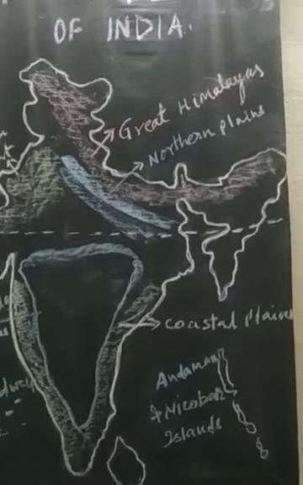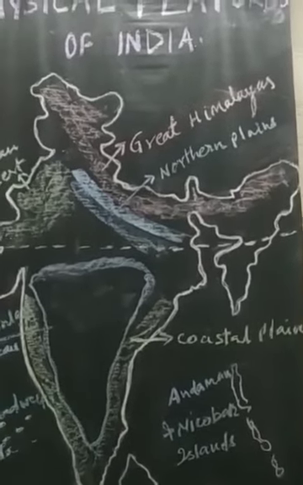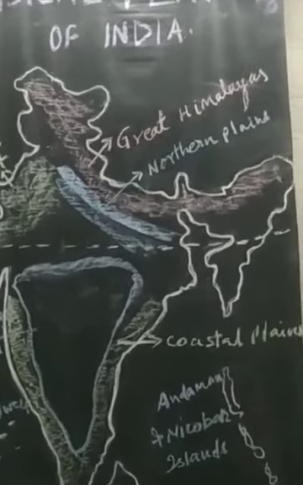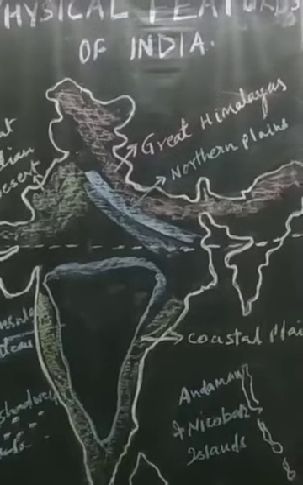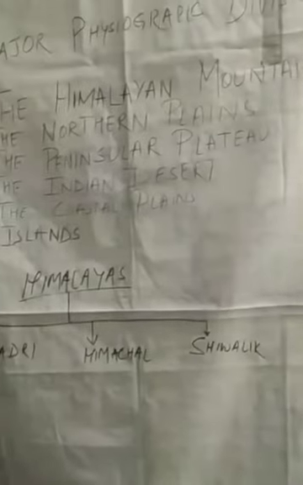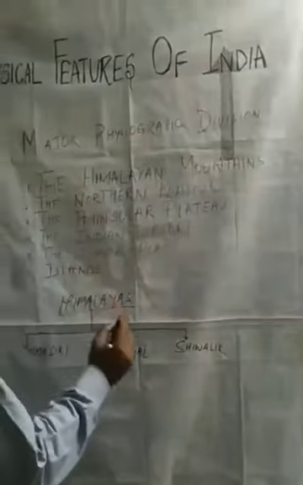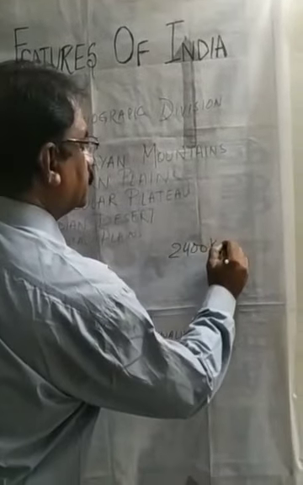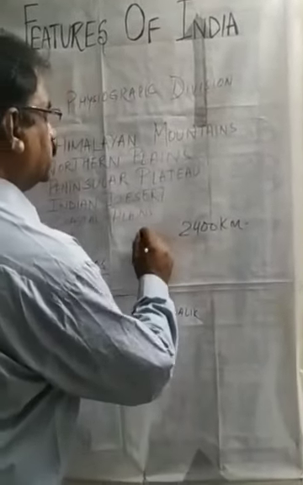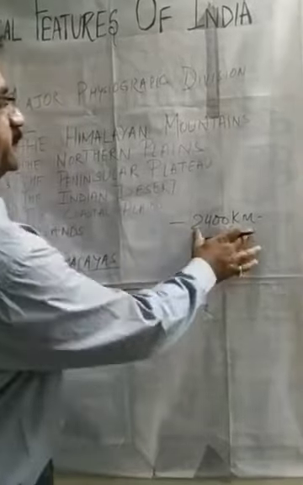Now here are some important characteristics of Himalayas. The total length of Himalayas is 2400 kilometers. This is the total distance covered by these Himalayas.